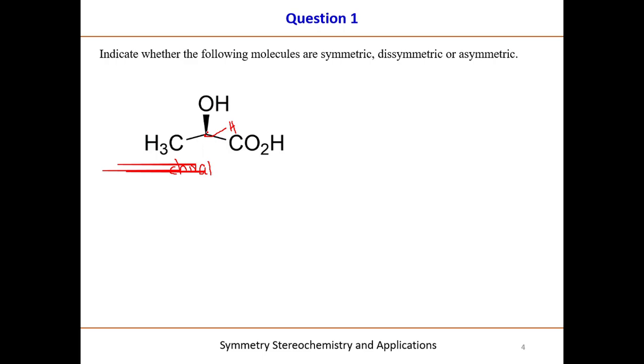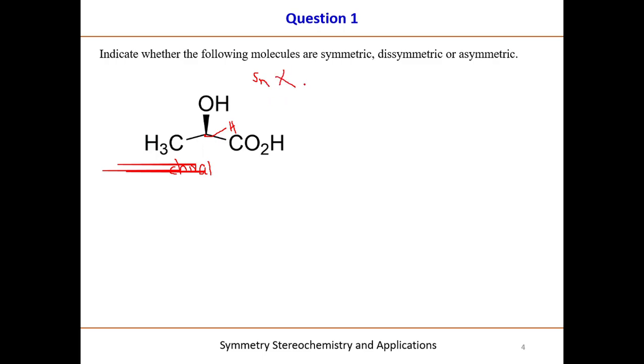Here you can see there is no SN axis present, because if you pass a plane, there is no plane here, and no axis of rotation is present here. That means it is an asymmetric molecule, because you don't have any CN axis present, right? There is no SN axis present.